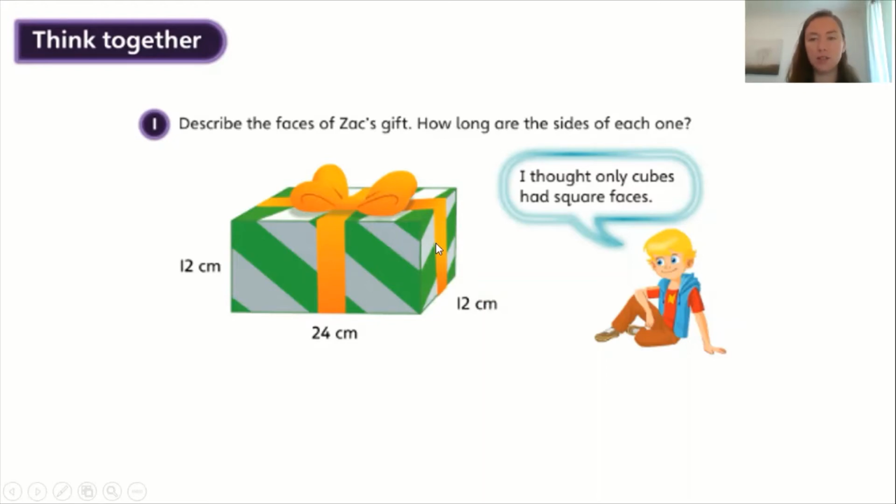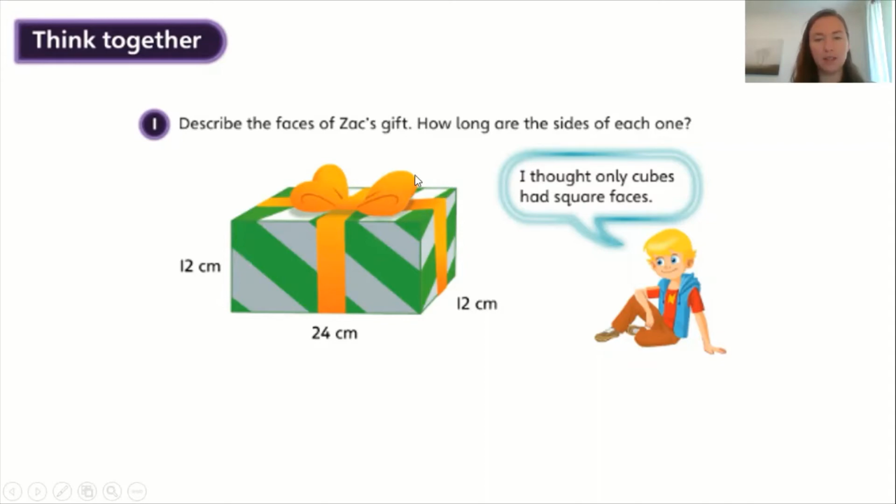However, just because this shape has 2 square faces, it does not mean that it is a cube. All of the faces must be square in order for it to be a cube. The face at the top of the present here will be exactly the same as the one on the front, 24 centimeters long and 12 centimeters wide.